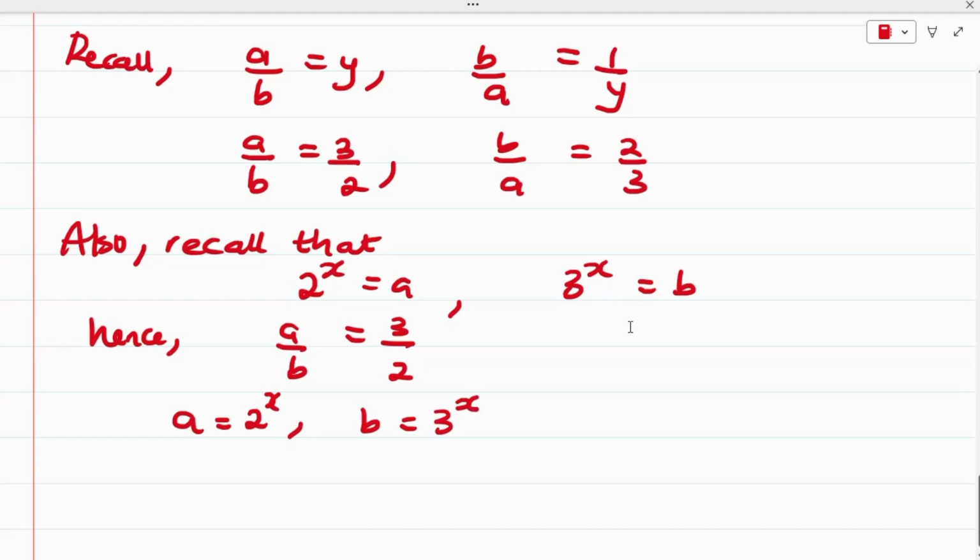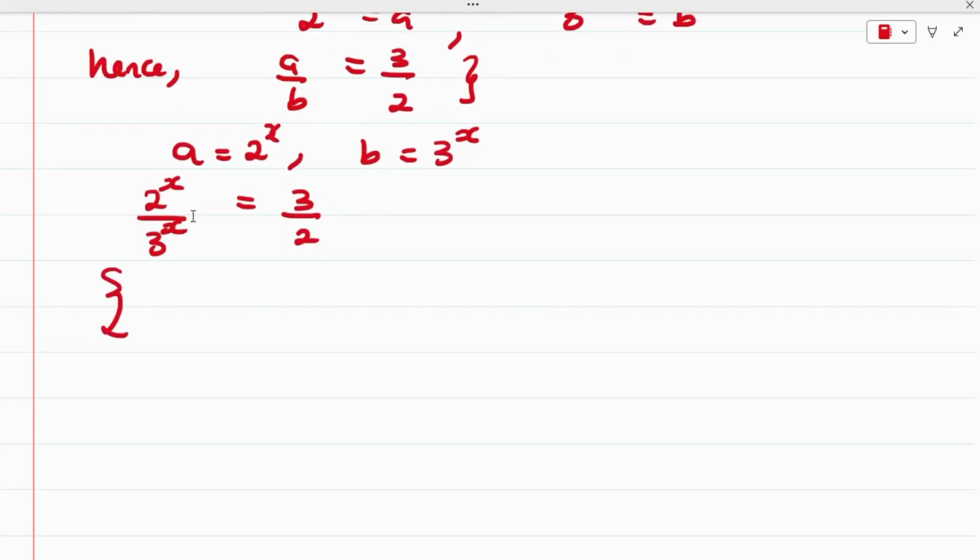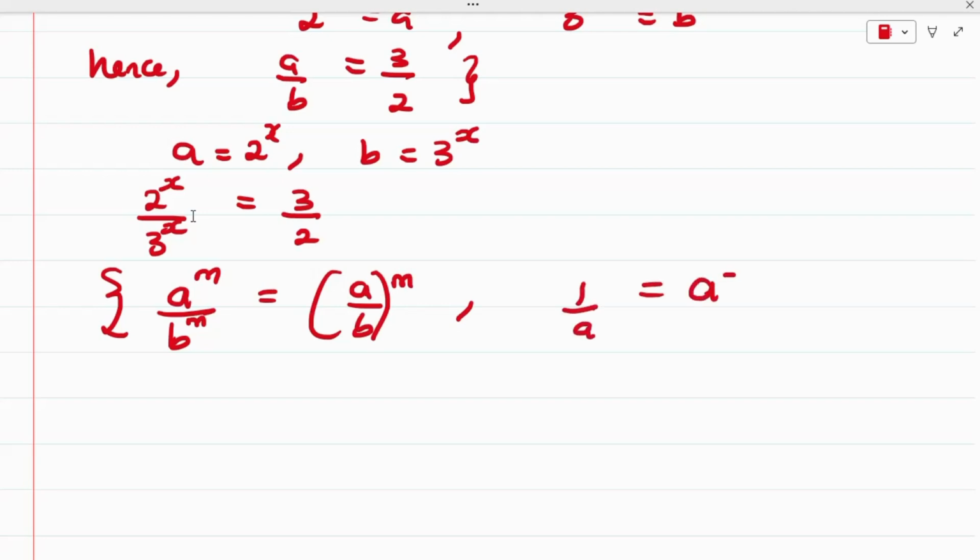So applying this, putting this into the equation for a over b equals 3 over 2, we have 2 raised to the power of x divided by 3 raised to the power of x is equals to 3 over 2. And we have this property that says a raised to the power of m divide b raised to the power of m is equals to a over b all raised to the power of m. And we know that 1 over a can be expressed as a inverse, right?